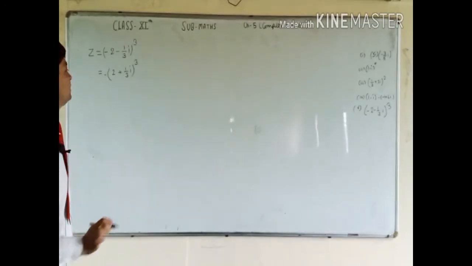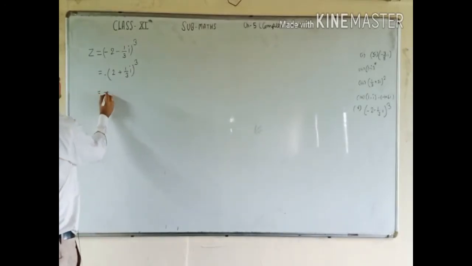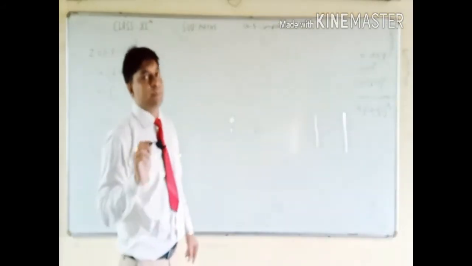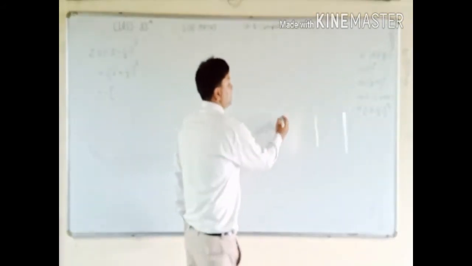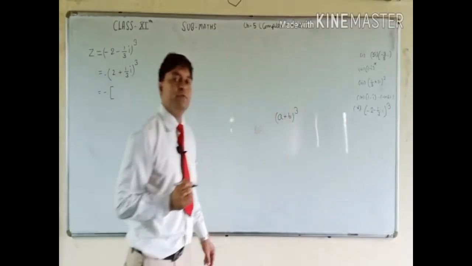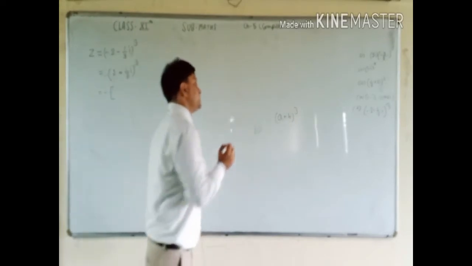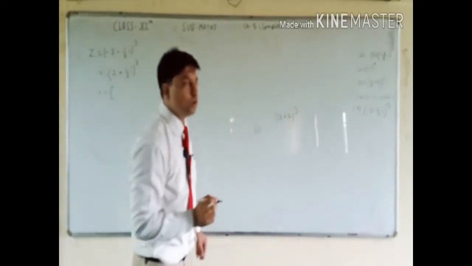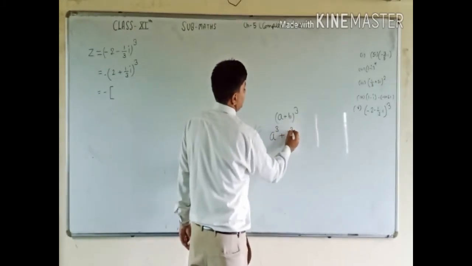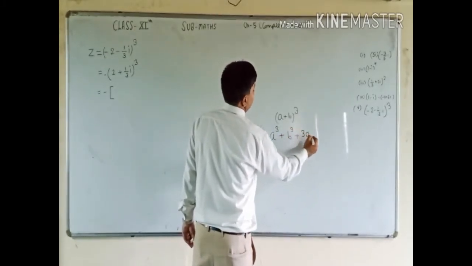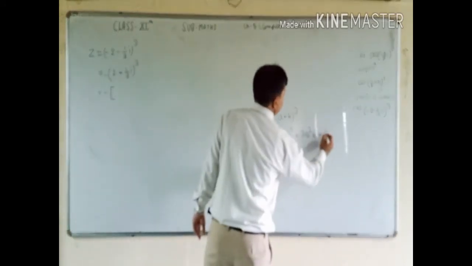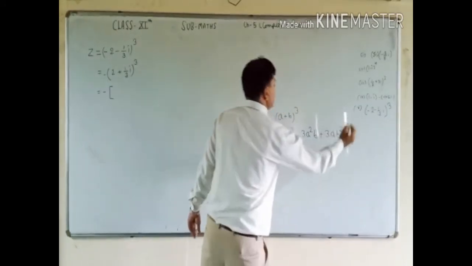Okay students, now we know that this is the formula of a plus b whole cube, and the expression of a plus b whole cube is a cube plus b cube plus 3 a square b plus 3ab square.